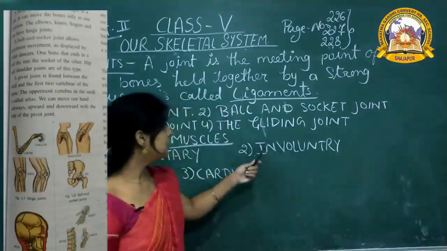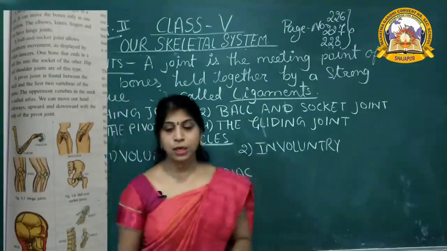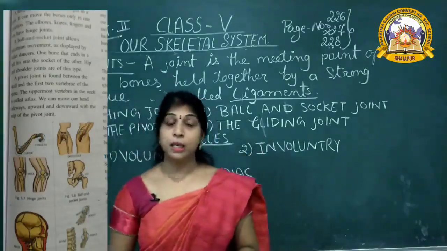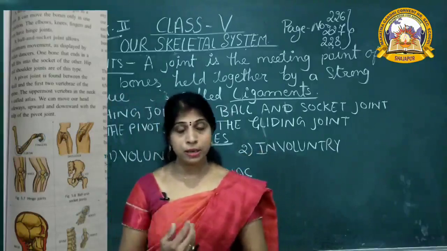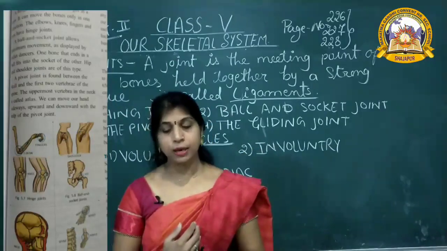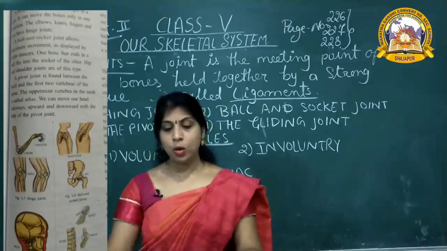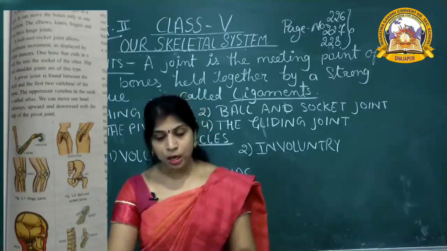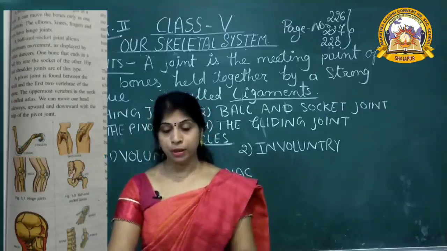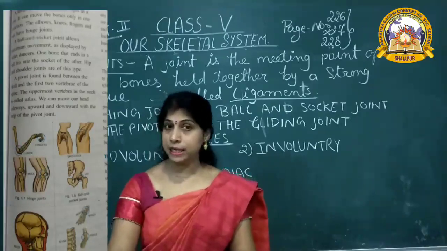Next one is the gliding joint. The gliding joint allows movement at the wrist and ankle, and also between any two vertebrae of the spine. It allows our back to bend, twist and turn at each joint.